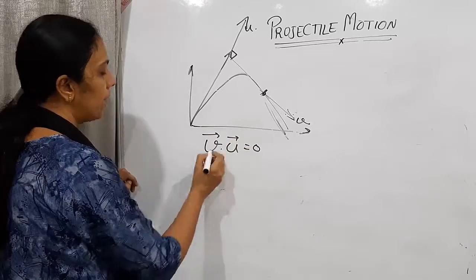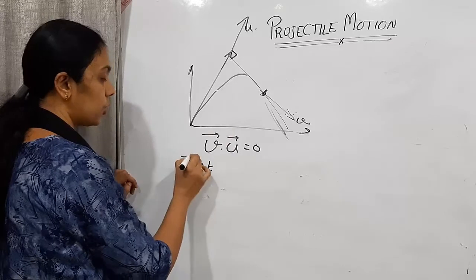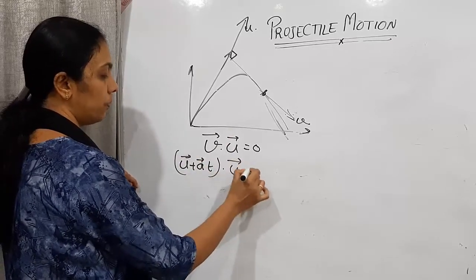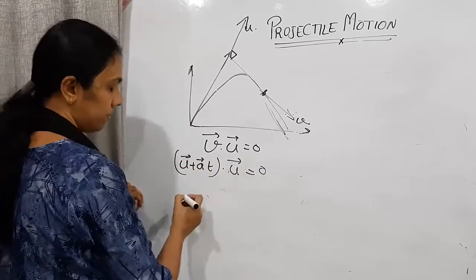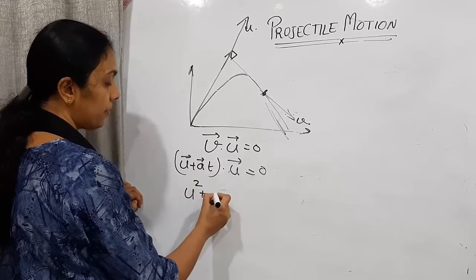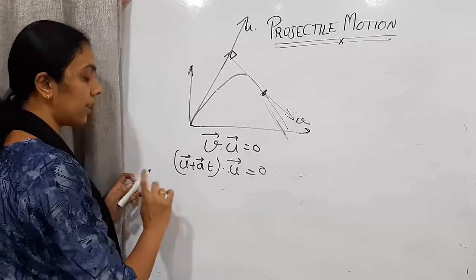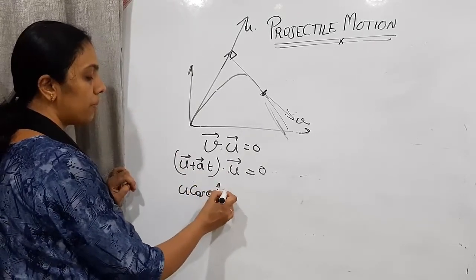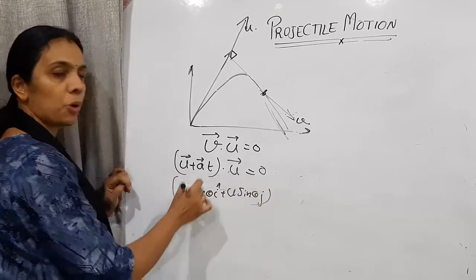Right? Then we can write V equals u plus at. So vector u, a also a vector, dot u equals 0. We can write u as u cos theta i cap plus u sin theta j cap. That one we did in the previous problem, right?